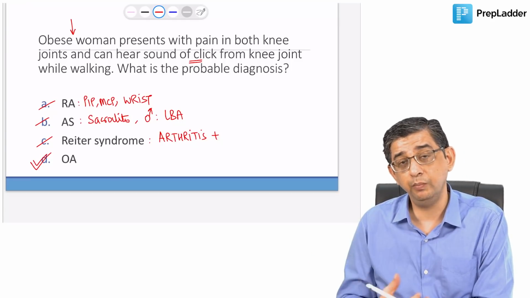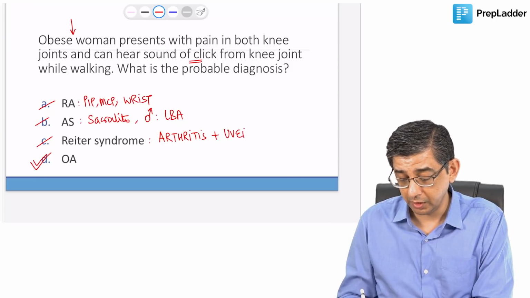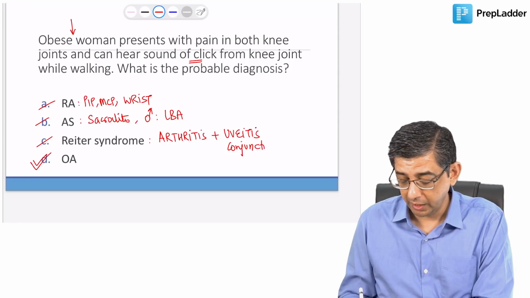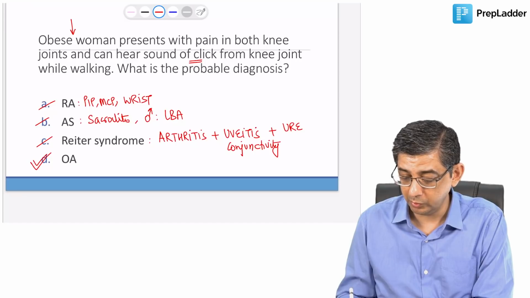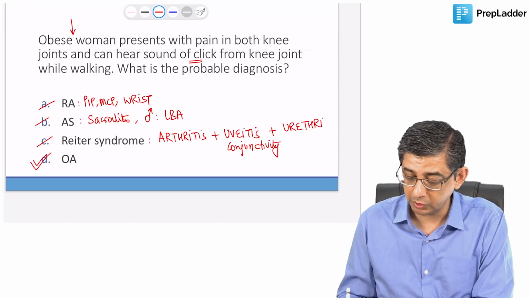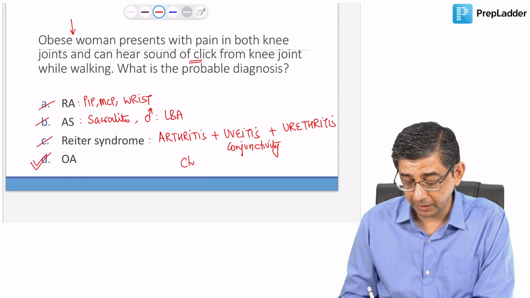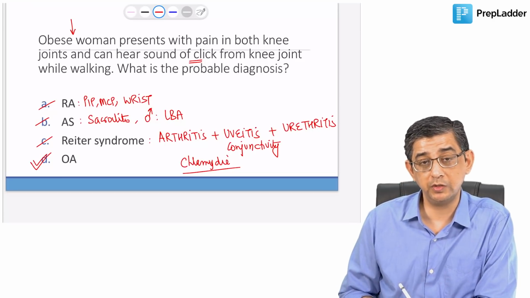When he came back to India, he started having arthritis. He could not see properly because of the uveitis component. He also had conjunctivitis, and the fourth manifestation is he is not able to urinate properly. There's a burning micturition, urethritis. Reiter syndrome is what you see with chlamydia. That's one of the leading STDs, right? That can be acquired after unprotected sexual exposure.